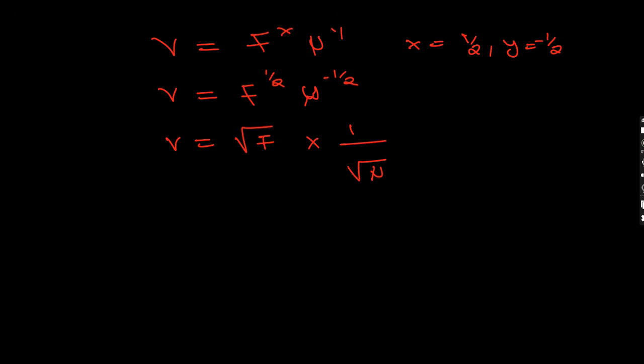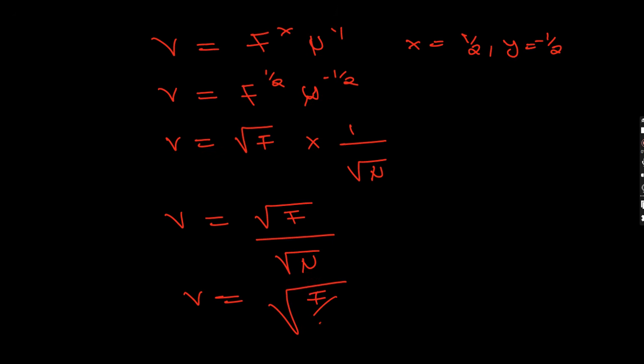Now multiplying the two, we are going to have the square root of tension over the linear mass density. We can write this under the same root, so it is f over linear mass density. So this is how you find that formula. It is very, very simple.